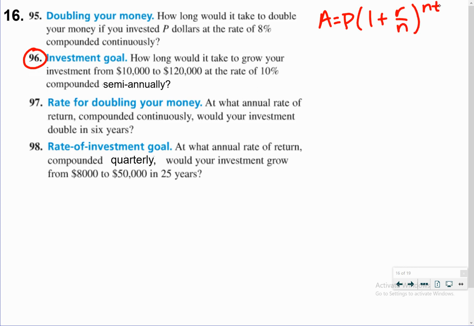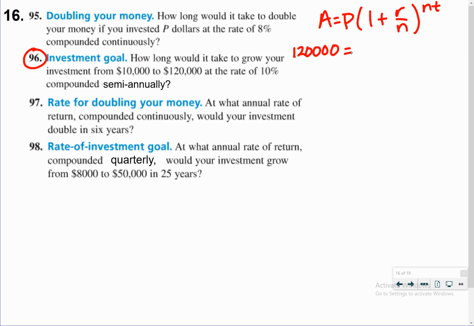Okay. And then filling in what I know. So A is how much I end with. Do I know that here? Do I know A? Yeah, what is it? 120,000. P is how much I start with.